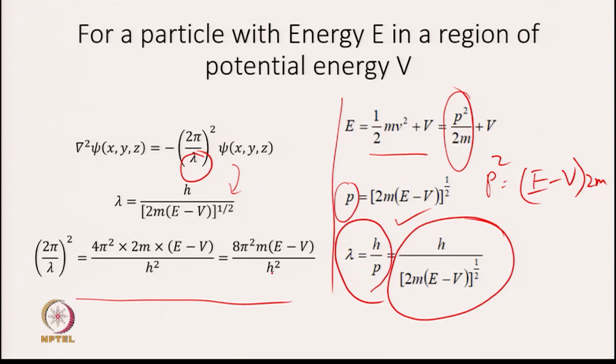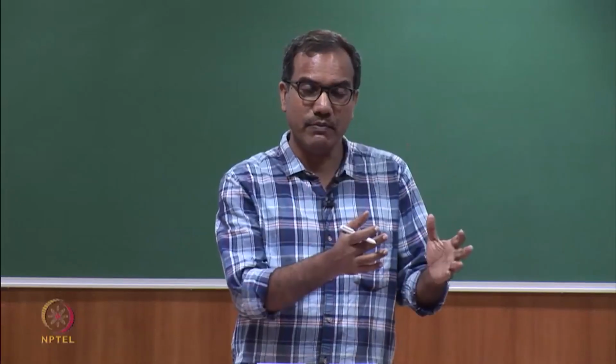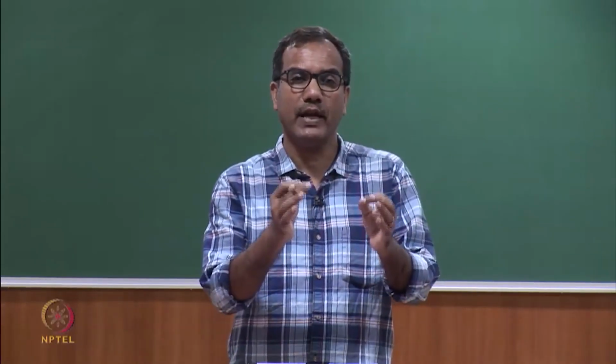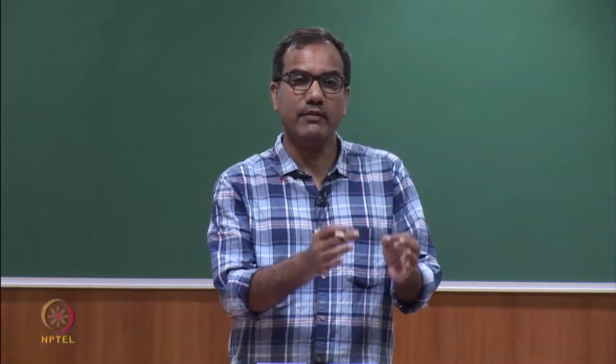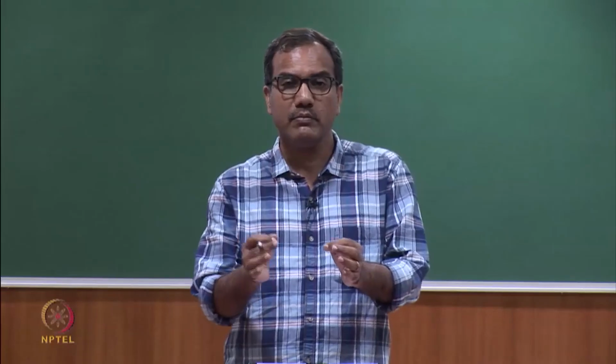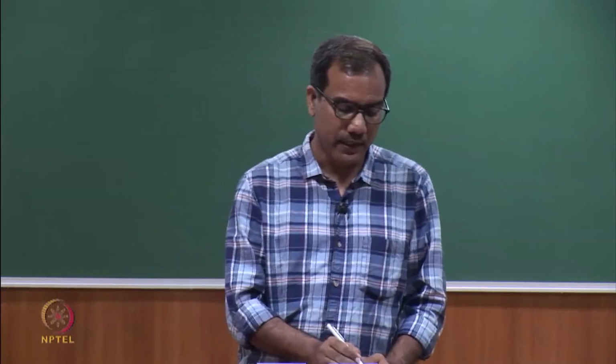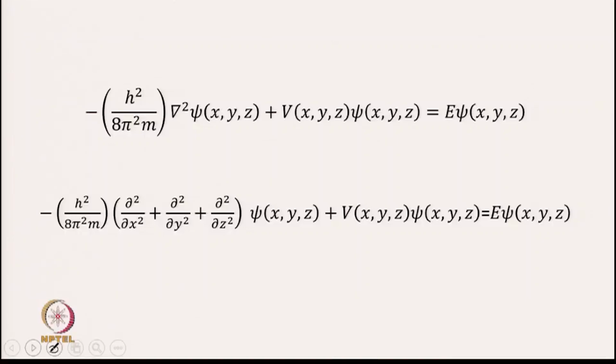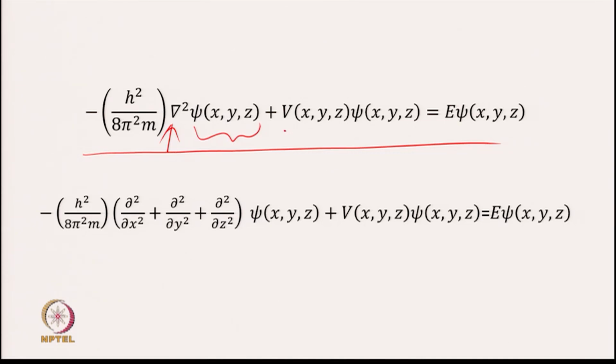So, Schrodinger took your equation of wave and then he plugged in the value of lambda from the de Broglie equation, and what he got is the well known Schrodinger equation, that is minus h square by 8 pi square m, this Laplacian operator into the wave function, plus potential energy into wave function will give you energy into wave function. This is the well known Schrodinger equation.